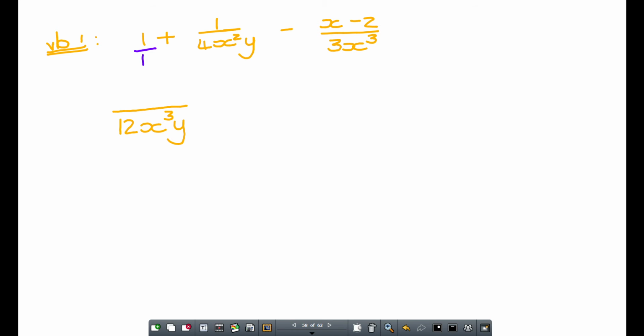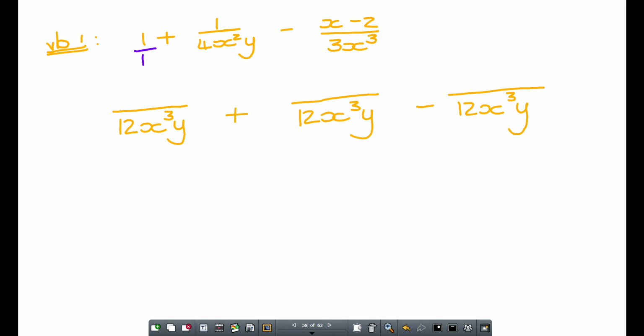Alright, okay, good. So what I usually do is then 12x to the power 3y, minus 12x to the power 3y. Okay, so I know that will be my denominator for every single one of those terms.